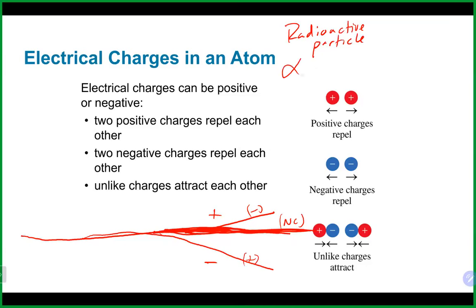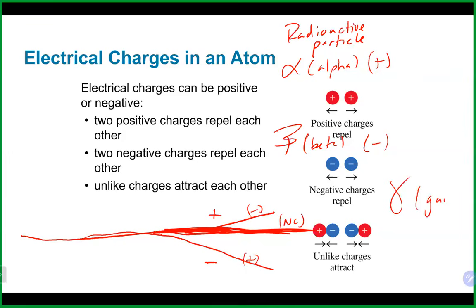They use what are referred to as alpha particles, and these are radioactively positively charged particles. They use beta particles, which is the symbol like that, and those are negatively charged particles. And they also use gamma rays, which basically has no charge.